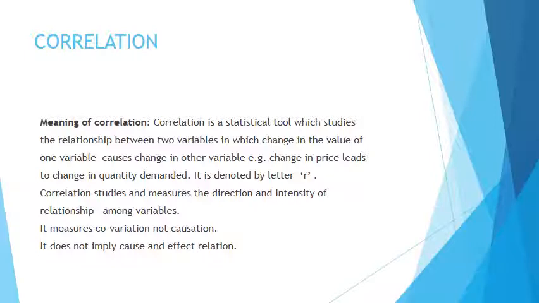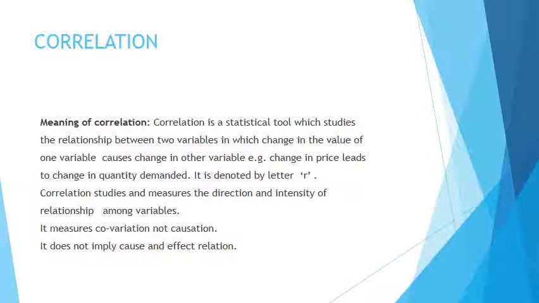The presence of correlation between two variables, x and y, simply means that when the value of one variable is found to change in one direction, the value of other variable is found to change either in the same direction or in the opposite direction, but in a definite way.